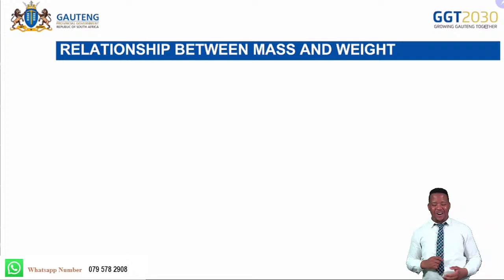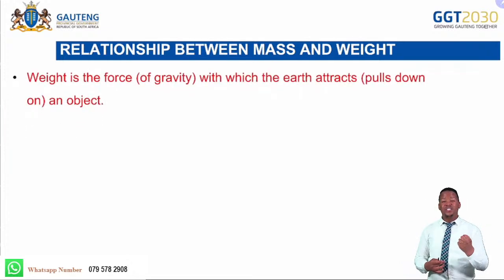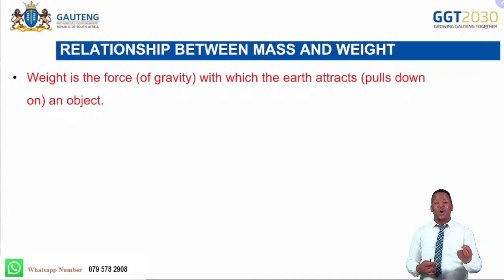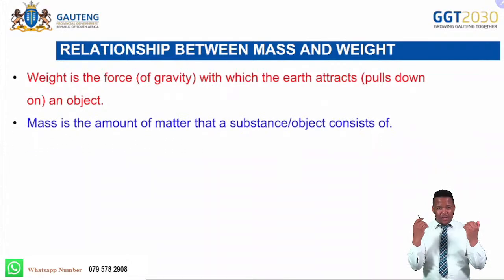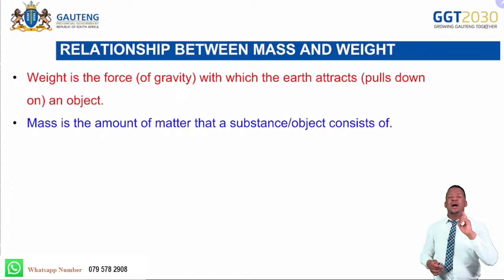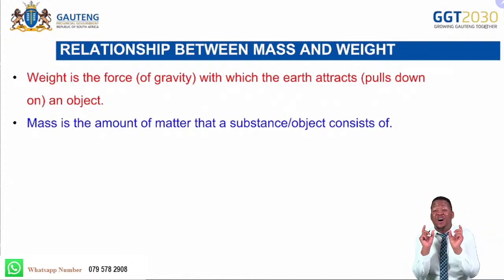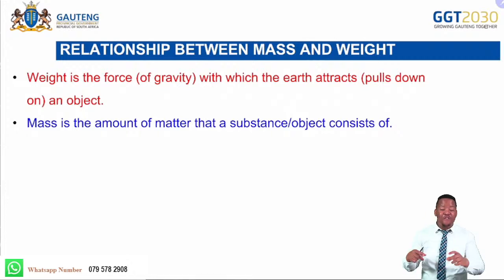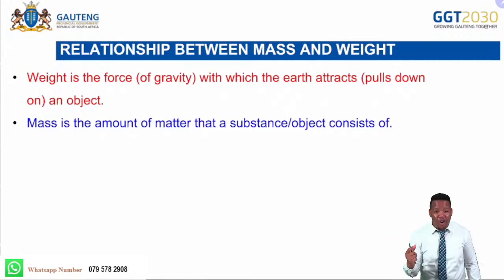Let's find out. Okay, weight is the force of gravity with which the Earth attracts or pulls down an object, right? So weight is a force of gravity which pulls down the object. Mass, however, is the amount of matter that a substance or an object consists of, right?